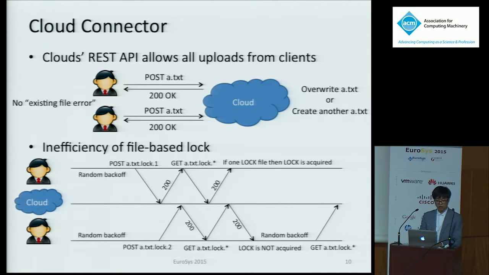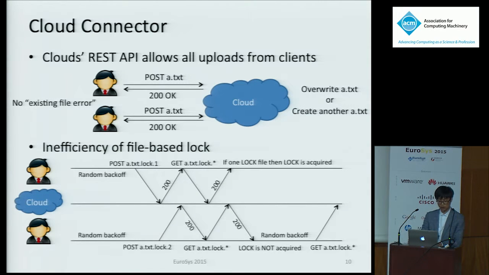Okay, next, we need to design a cloud connector with existing cloud APIs. In fact, cloud APIs do not return any error from concurrent user file uploads, because they allow all write requests regardless of file existence.